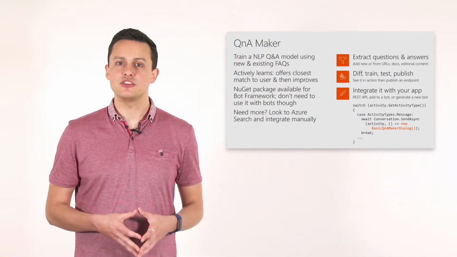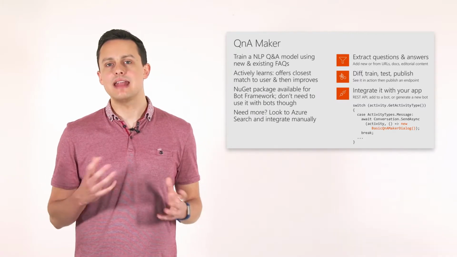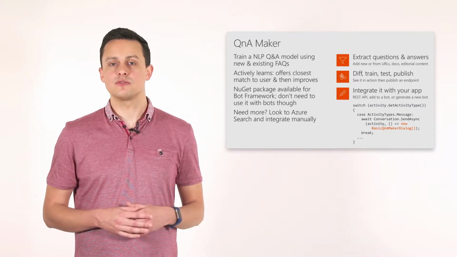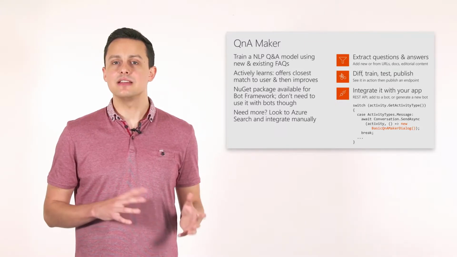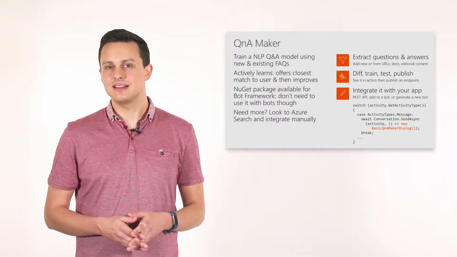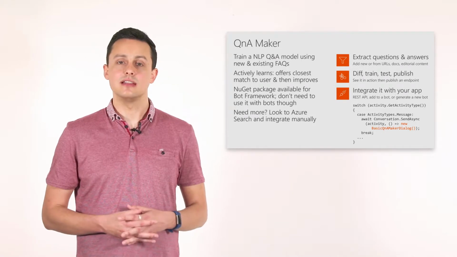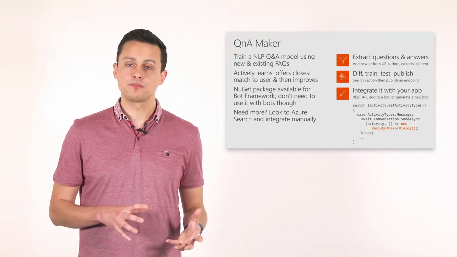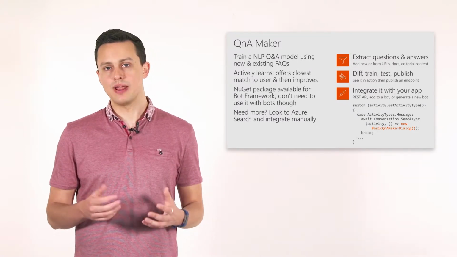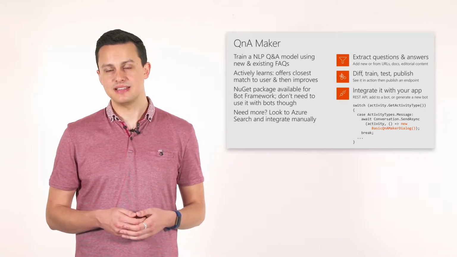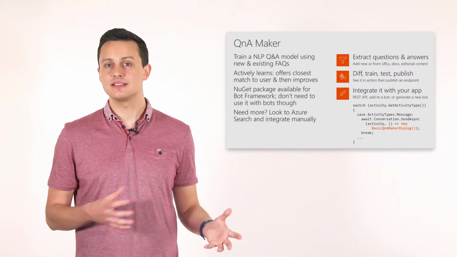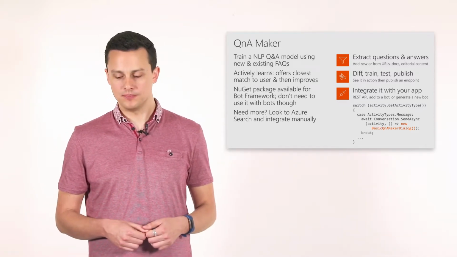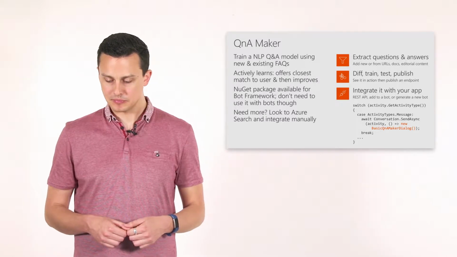Once it has this information, it builds a knowledge base and a natural language model, which then allows it to answer questions from your users, even if they don't phrase it exactly the same way as you did in the FAQ document. There's a NuGet package available, which integrates directly with the Bot Framework SDK, which means adding this to an existing bot or surfacing it out as a completely standalone bot is very easy.